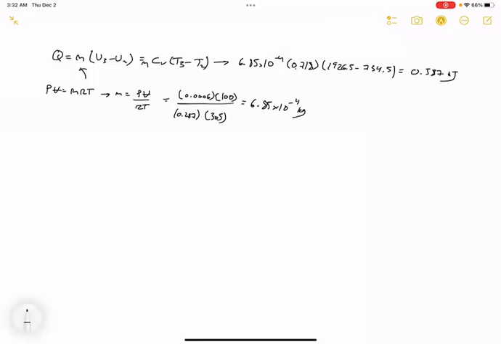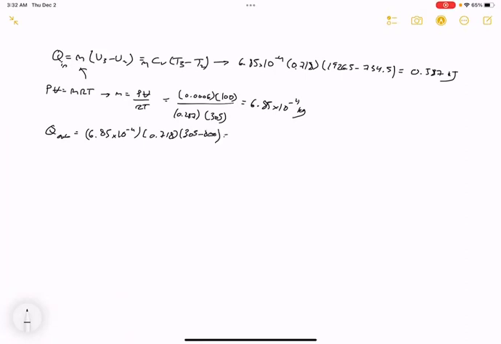So this is Q in, and here Q out. Sorry, let me replace that: 6.85 times 10 to the negative 4, times 0.718, times (305 minus 800).